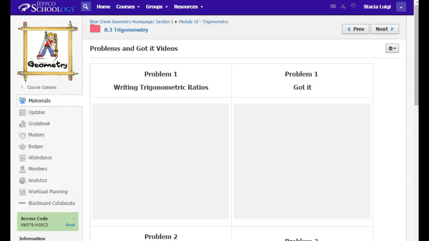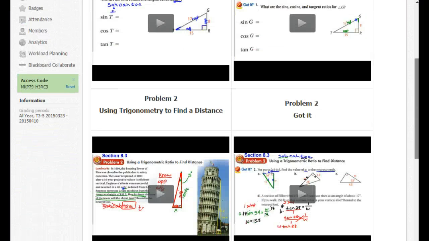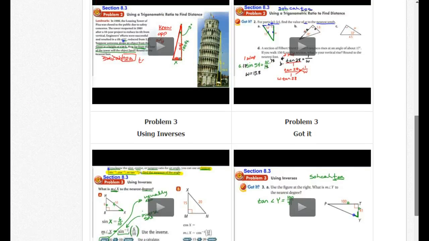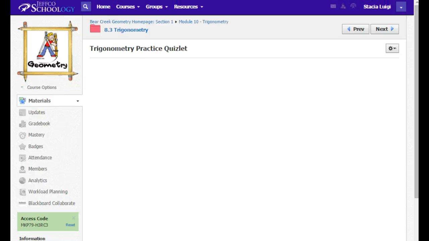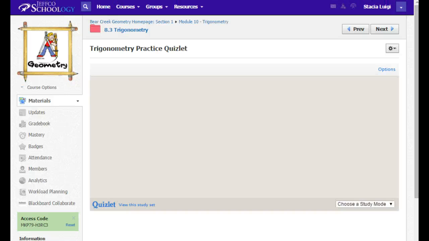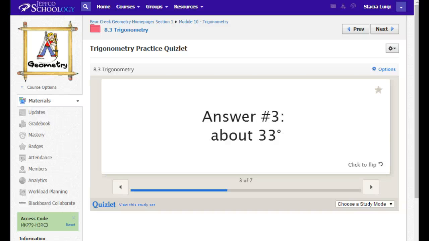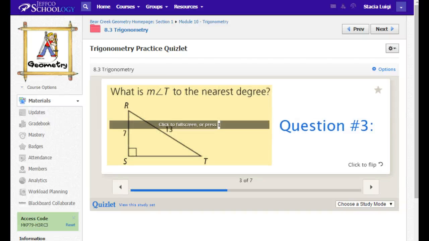Then watch the videos of the practice problems. You can see there are 6 videos to watch and take notes on. The next thing you would go to is to practice some of the practice problems, which work in the form of flashcards. You can do the question and then you can flip it over.